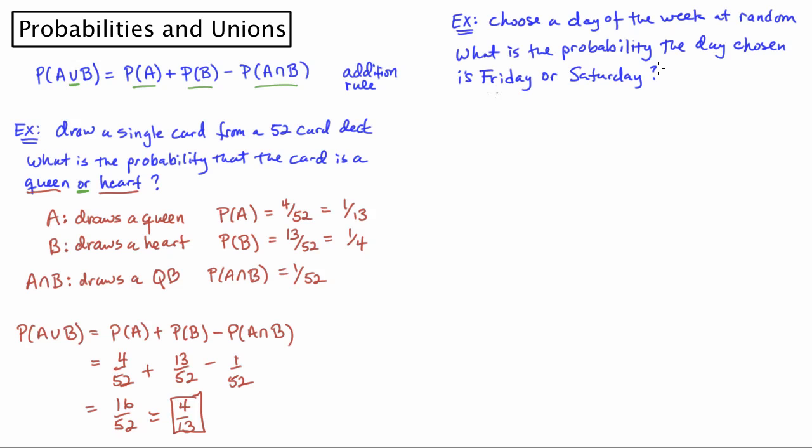We have two events of interest, Friday and Saturday. So event A would be Friday is chosen. Event B would be Saturday is chosen.